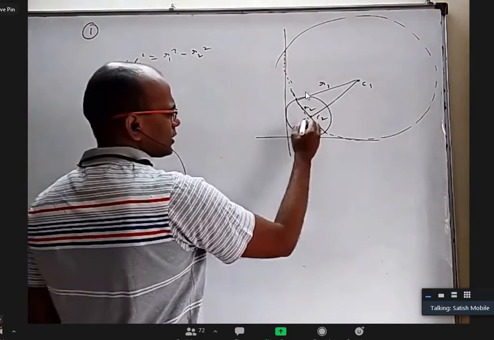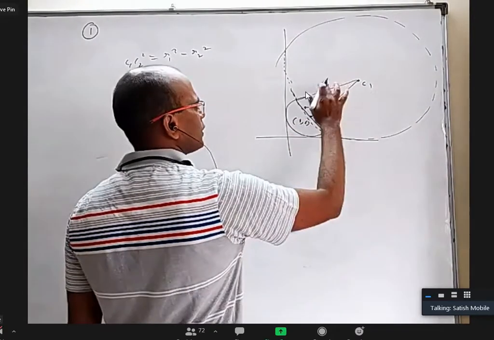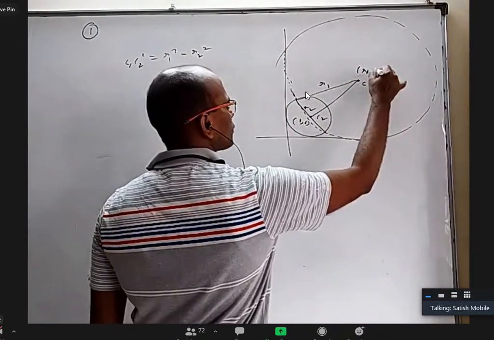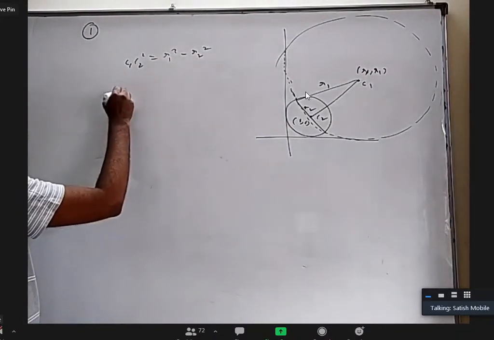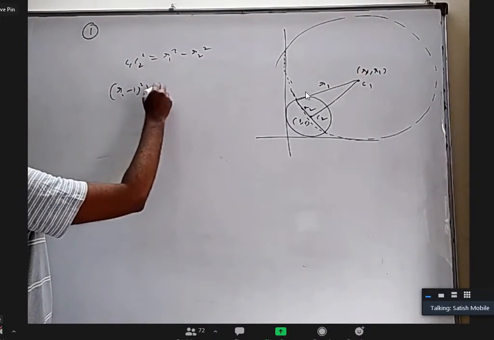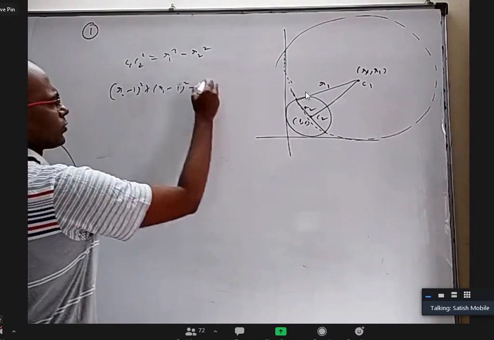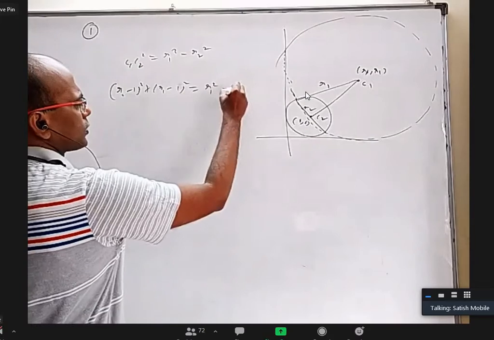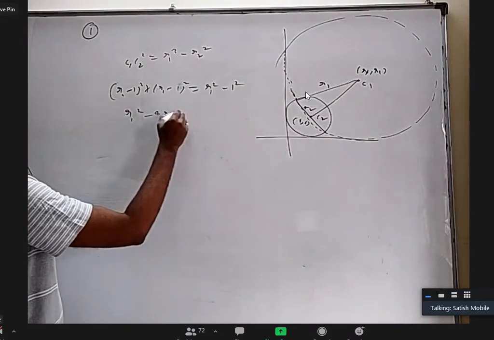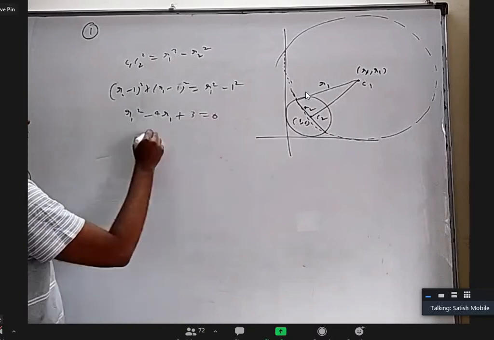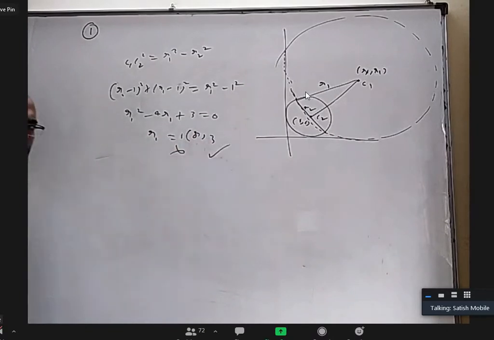If this center is 1, 1 and radius is 1, and this radius is R1, the center is R1, R1. So this will be R1 minus 1 whole square plus R1 minus 1 whole square equals R1 square minus R2 square, and R2 square is 1 square. That is R1 square minus 4R1 plus 3 equal to 0. R1 equal to 1 or 3. It can't be 1, it is 3.